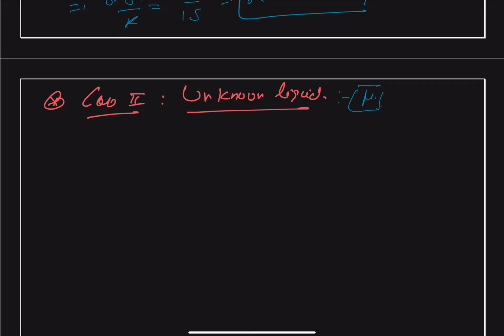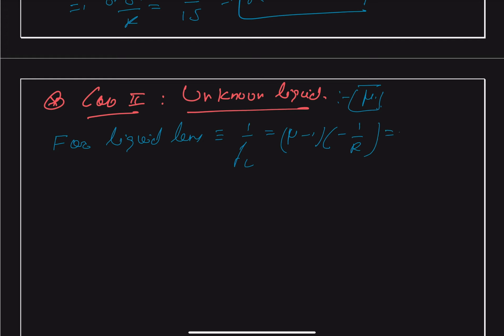So for the liquid lens, we can write 1 upon Fl is equal to (mu minus 1) times (minus 1 upon R).